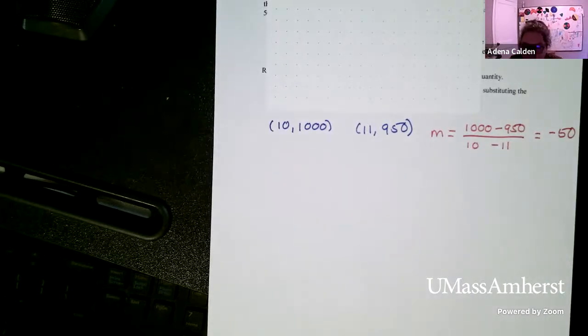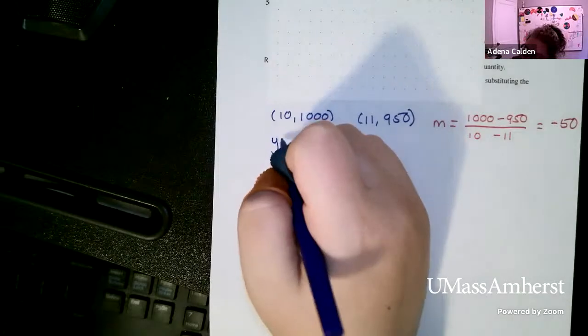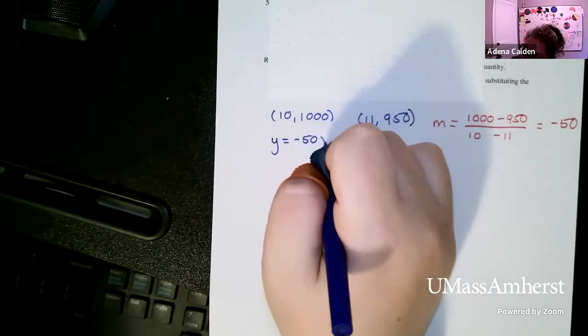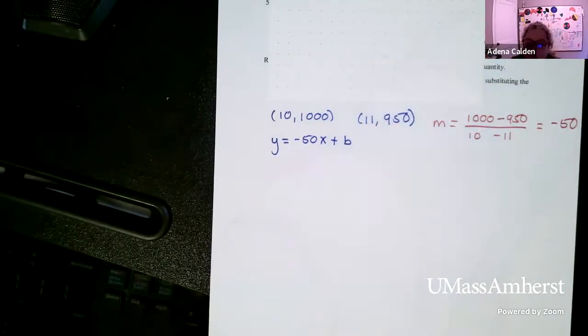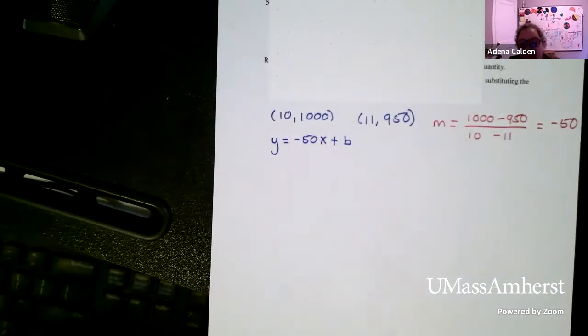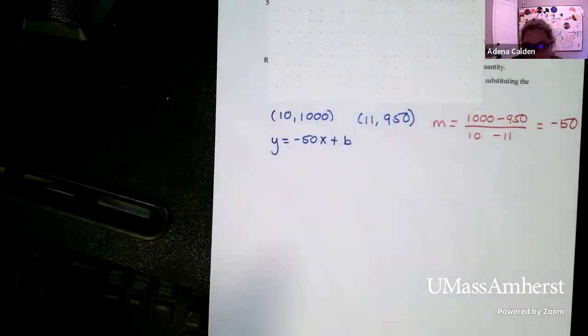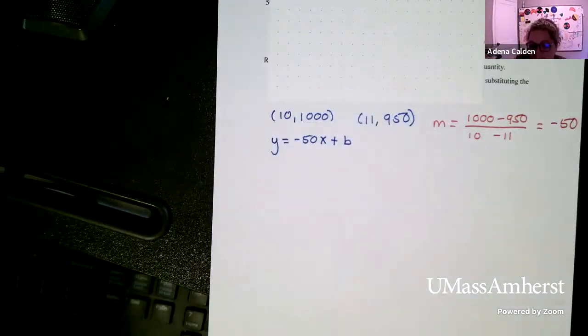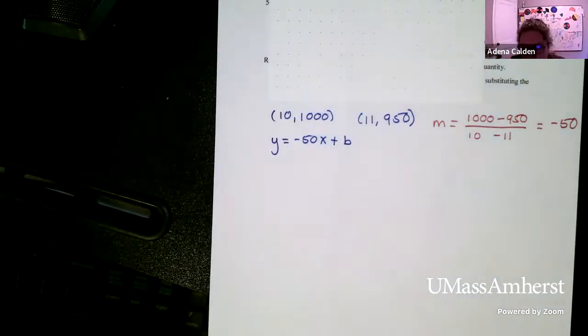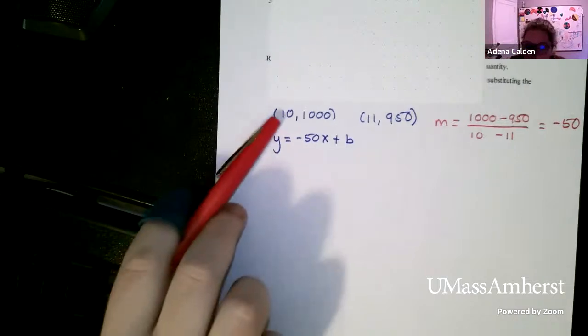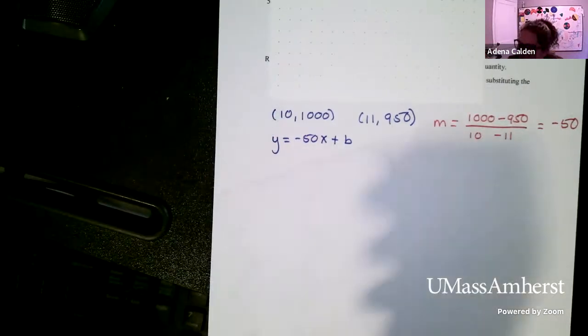So the equation of my line starts off as y equals negative 50x plus b, right? y equals mx plus b. We need to find our b, so we need to plug in one of our points. It doesn't matter which one you plug in, you're going to get the same solution because it's the same line. I'm going to plug in the first one just because I think the numbers are a little bit easier.